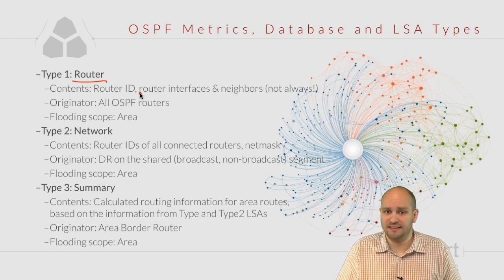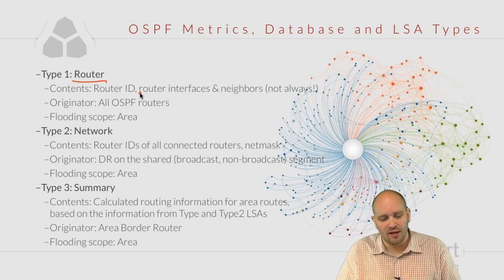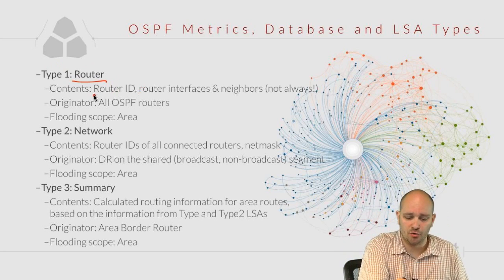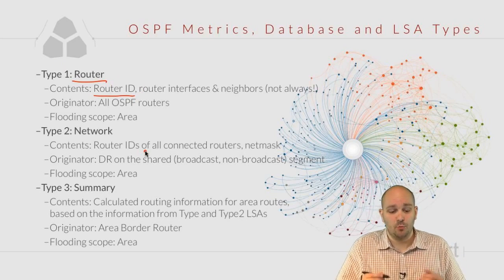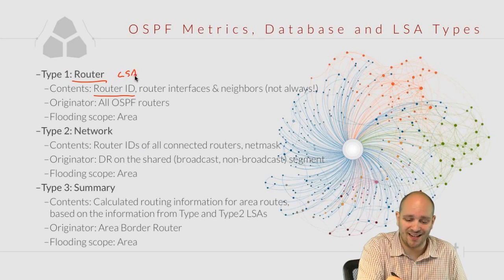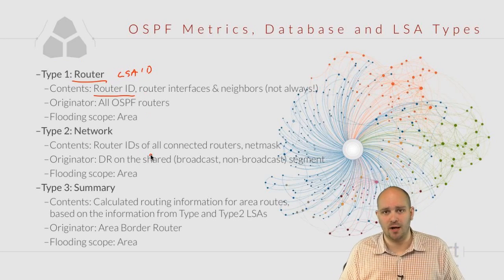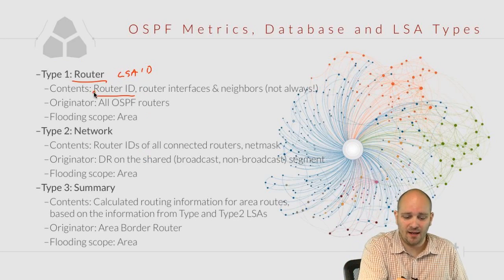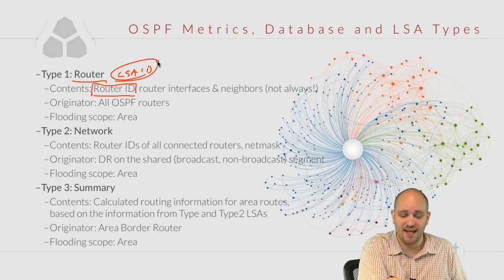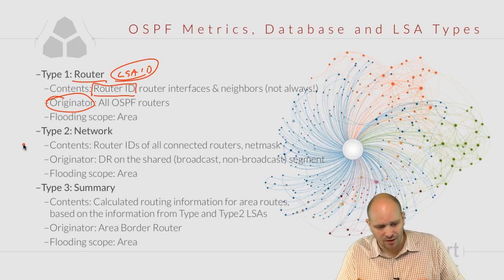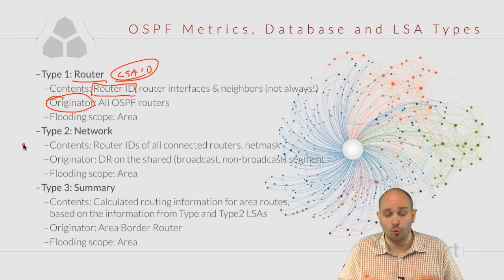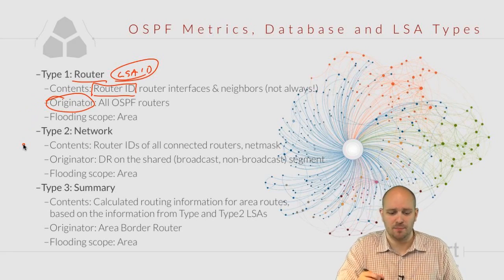The important contents of this LSA are the router ID of the router, which is also going to be the LSA ID of type 1 LSA. And in the case of type 1, the LSA ID and the originator, the router that injected the advertising router, will be the same information.